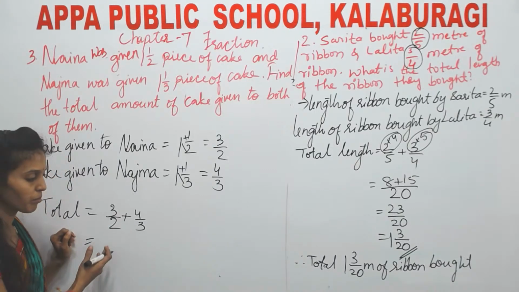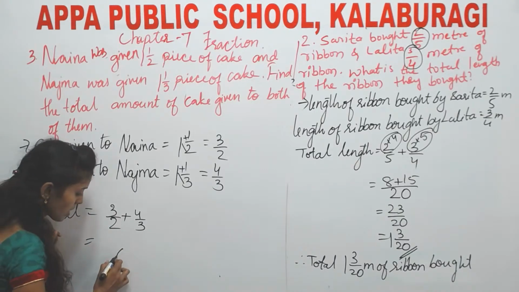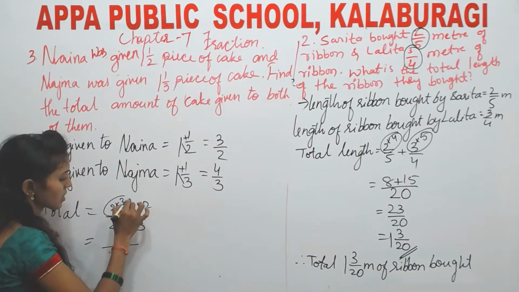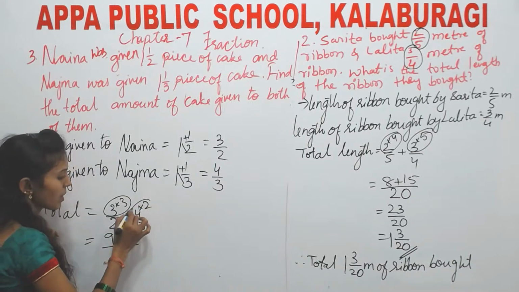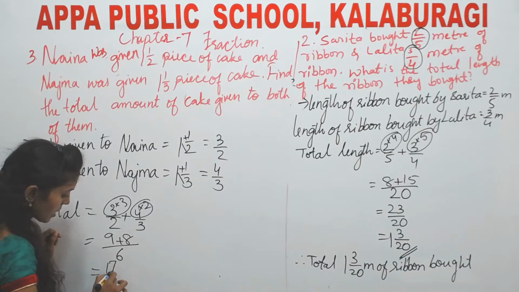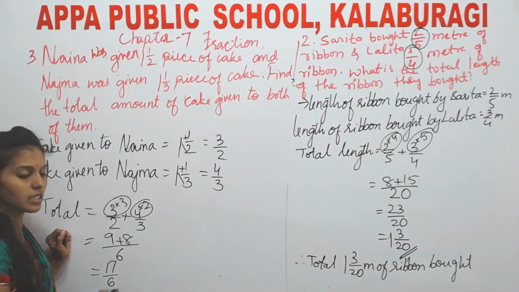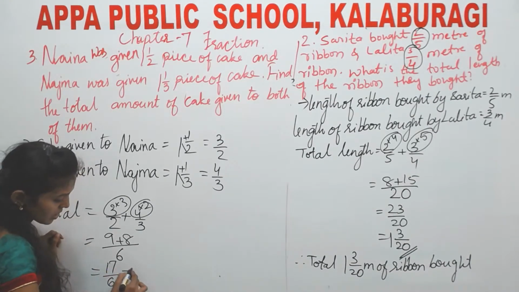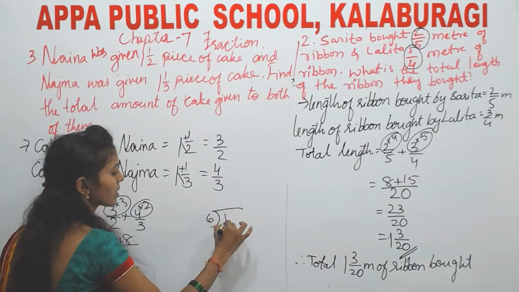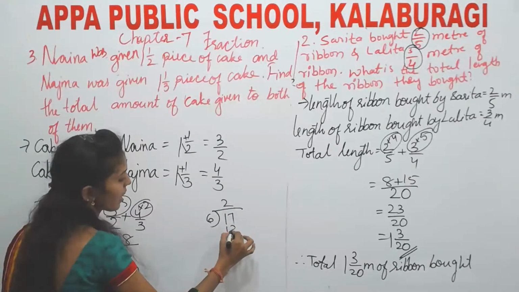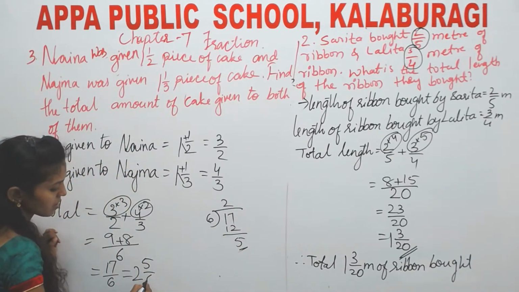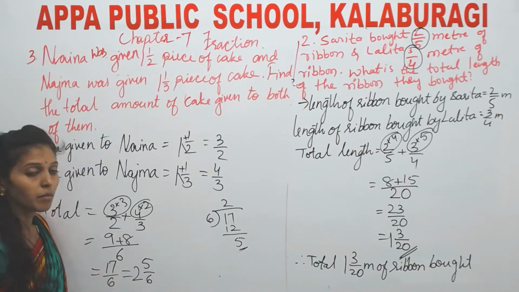Then LCM is the product of these two. 2 3s are 6. 3 2s are 6. 3 3s are 9 plus 4 2s are 8. That is nothing but 17 by 6. Isn't it? 6 2s are 12. If you don't know that directly, you can do like this also. 6 2s are 12. 5 is remaining. So 2 integer 5 by 6.